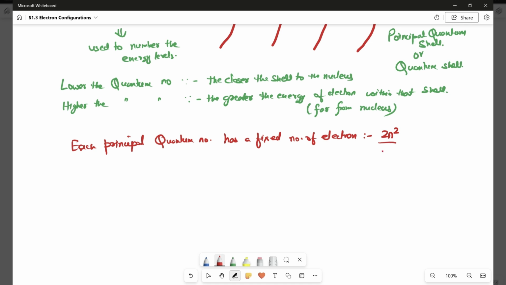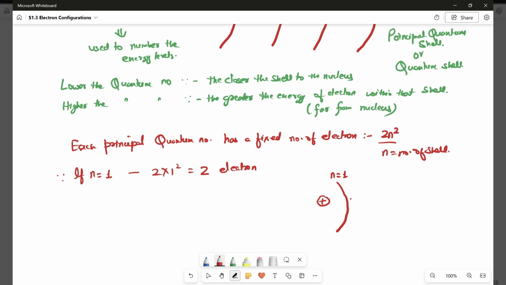What is n here? n is the number of the shell. So if n is equal to 1, how many electrons will it accommodate? 2 into 1 square, that means 2 electrons in the first shell. Here, this is the nucleus, this is the first shell, so n equal to 1 accommodates 2 electrons.